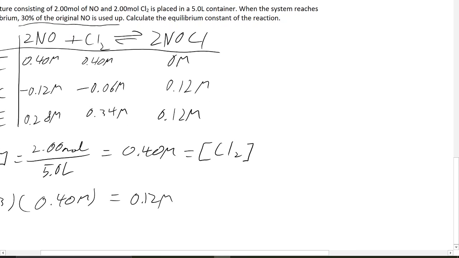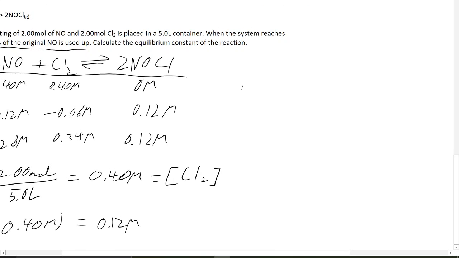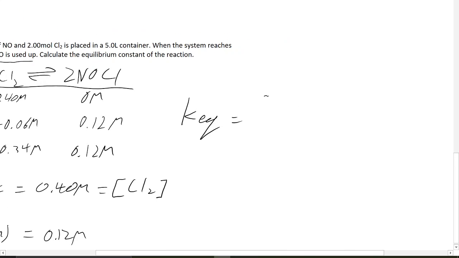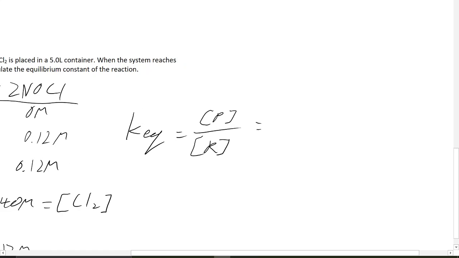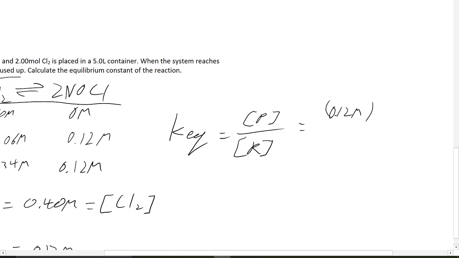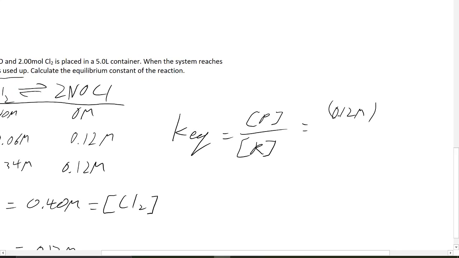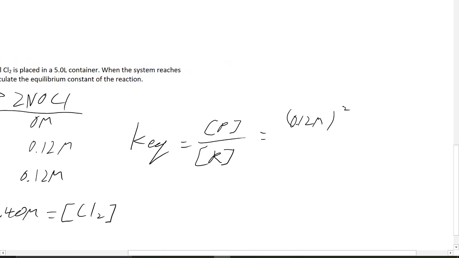Now that we have our ICE chart filled out, we can find the Keq, which is the concentration of products over concentration of reactants. The product is 0.12 molar, and since there's a coefficient of 2 in the chemical equation, we square this value.